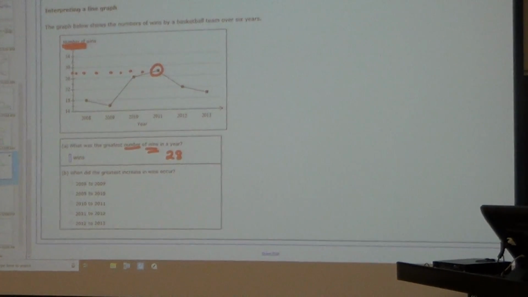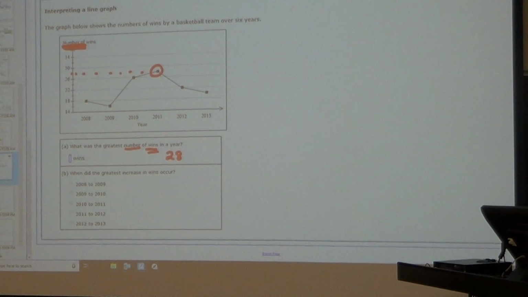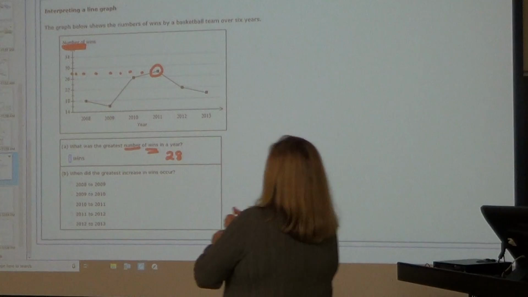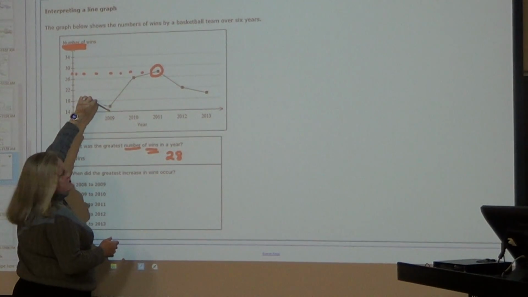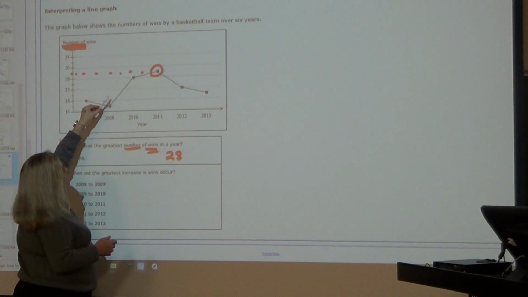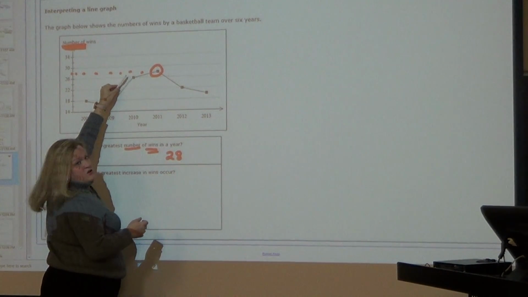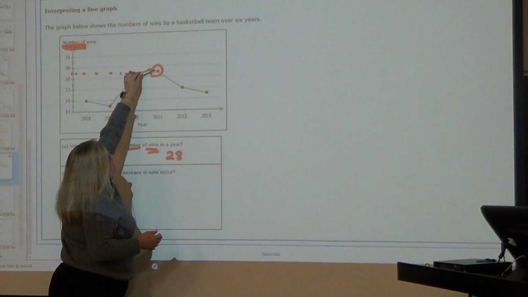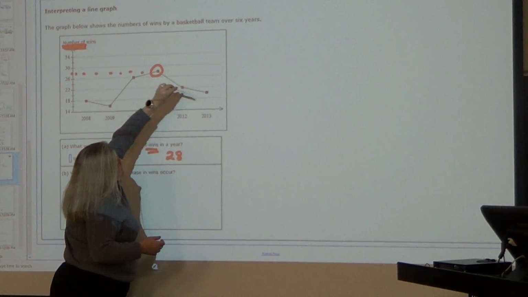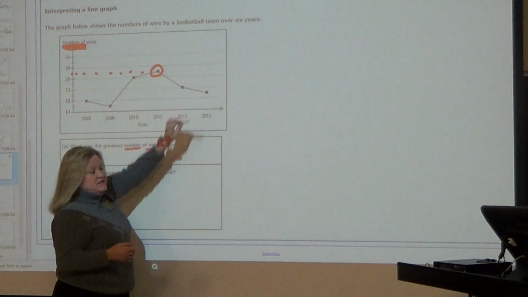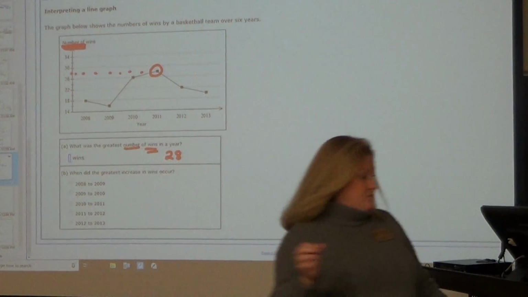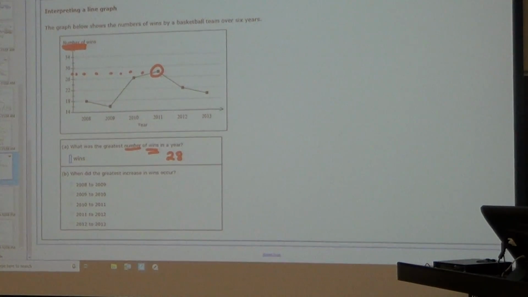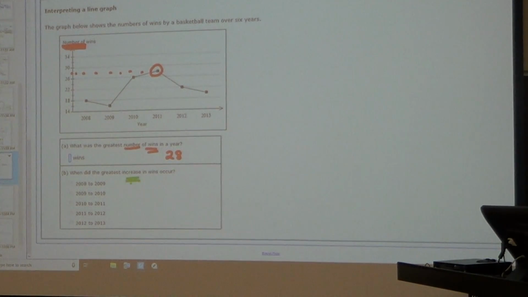Now this next one gets everybody. If you look at this as climbing a mountain, do you see that if I was climbing, this is going downhill? That's a decrease. This is going uphill. That's an increase. What is that one? Decrease. And that one is a decrease. So it says, I only want to look at the increases. So the first thing I do is figure out where the increases are.